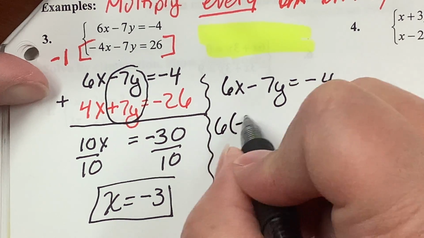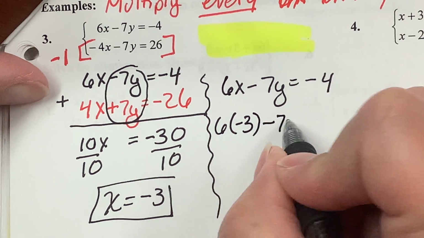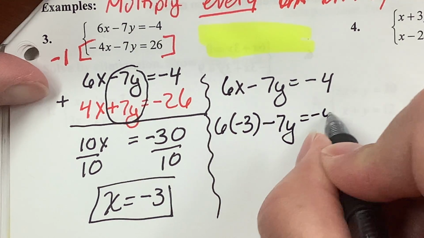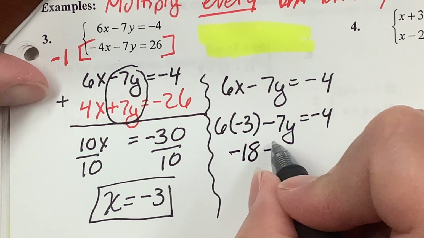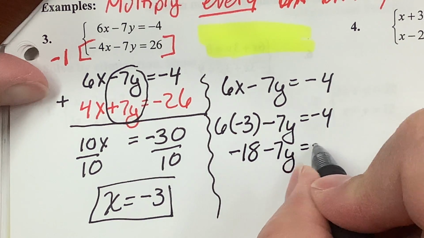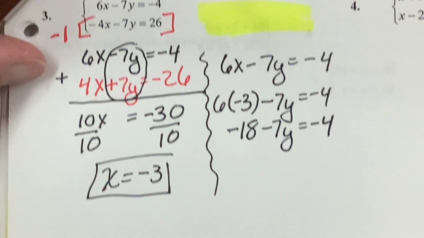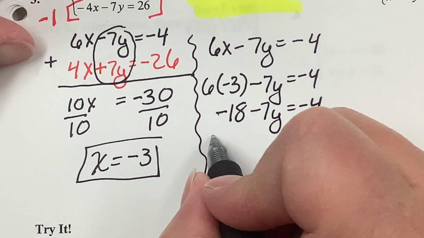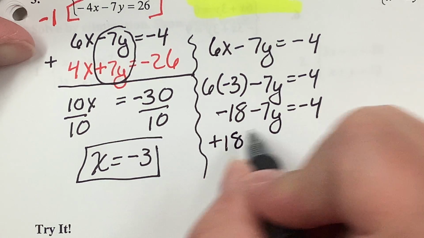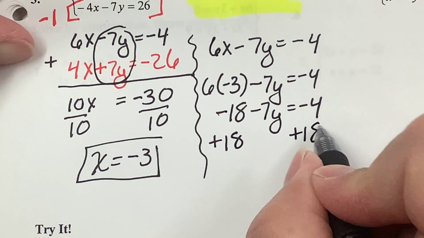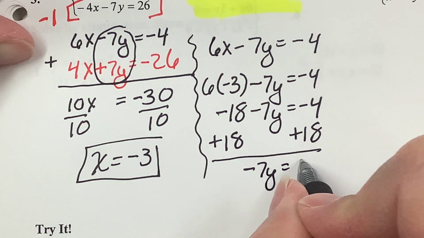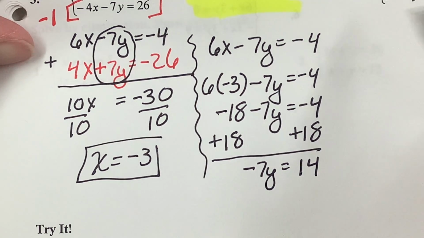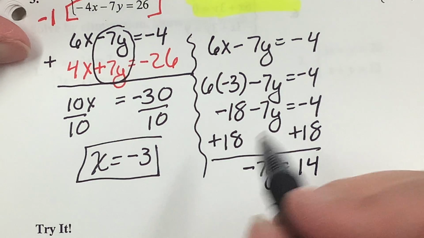6 times -3 minus 7y equals -4. 6 times -3 is -18 minus 7y, -4. I'm going to add 18 to both sides and get -7y equals +14, because -4 plus 18 is 14.